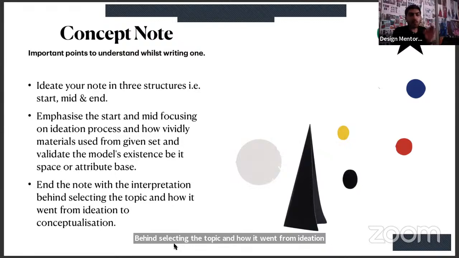So keep the concept note pretty simple and always make sure your concept note is linked with the model you have created. If you come across a question and your ideation process is something else, your model is something else, and the concept note you have written is something else, you are already out of the league. Ideation is not something you are going to share with them.